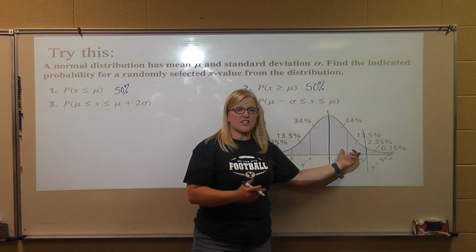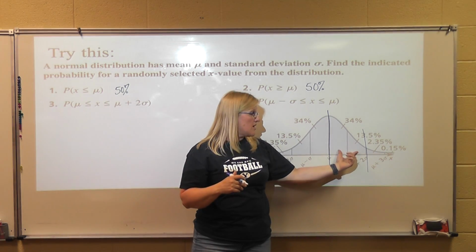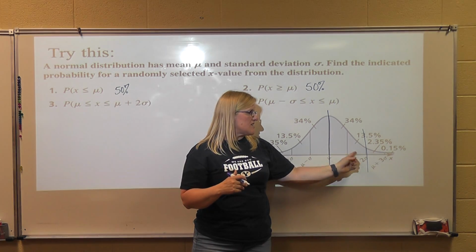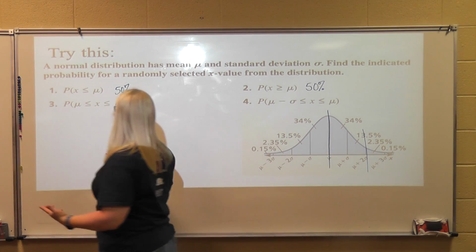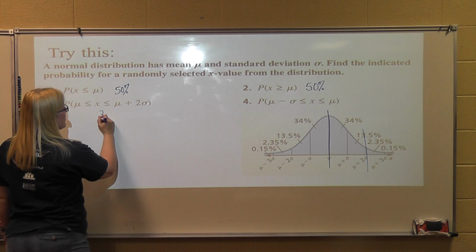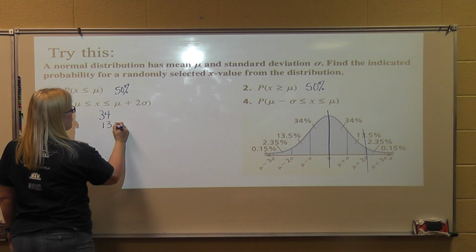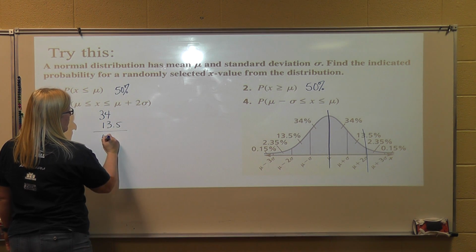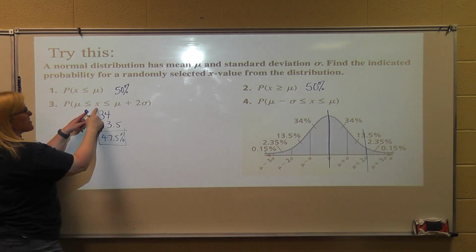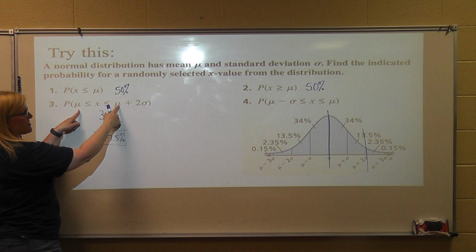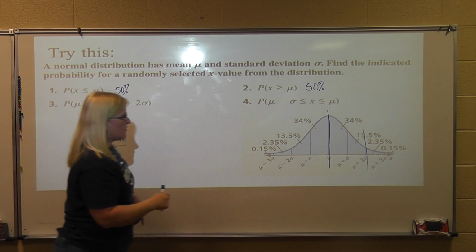Well, this is very similar to the problem that I just did. We've got 34%, that's this section, and 13.5%. So I just need to add those together. So 34 plus 13.5 gives me 47.5%. Okay, so if an x falls between those two places, that's what I'll get.